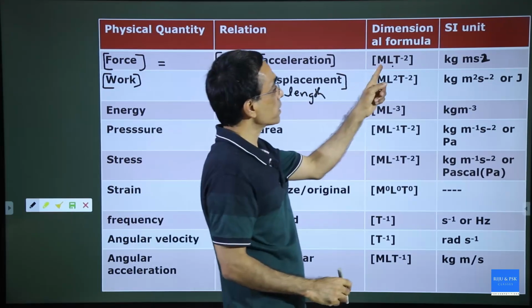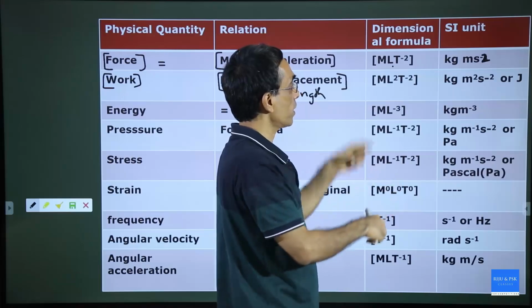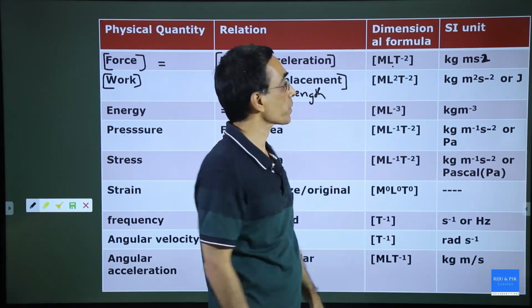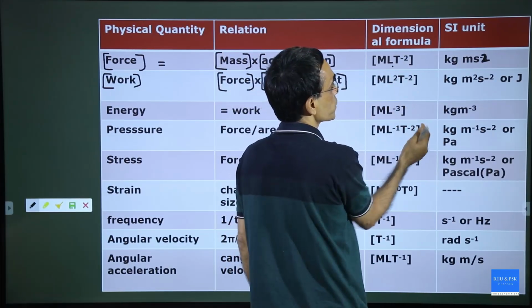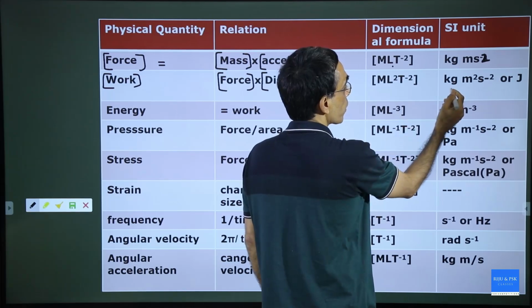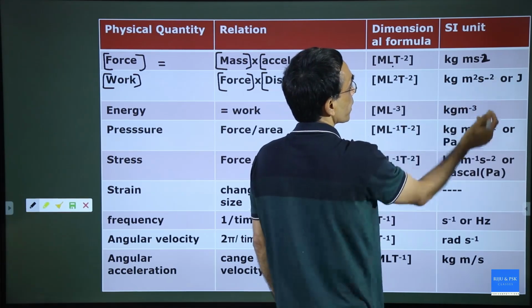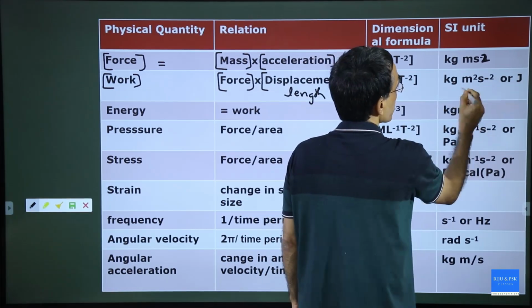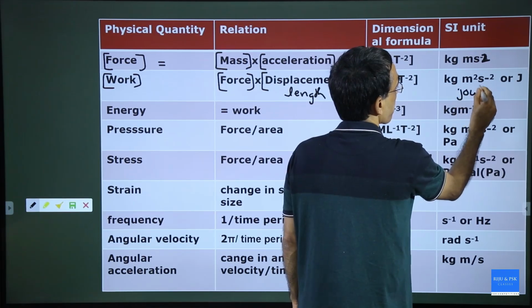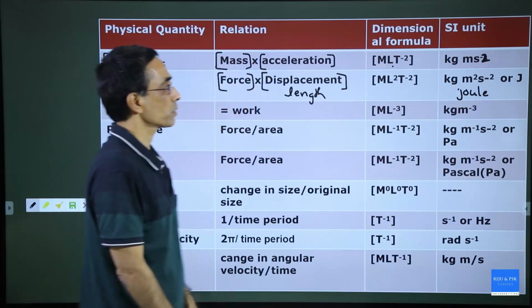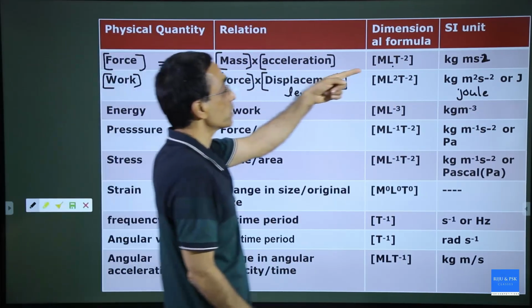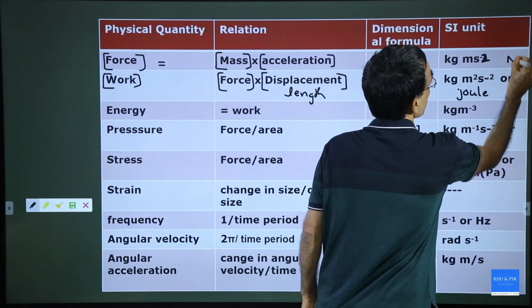So M L t raised to -2 into L. So L will become L squared. M L squared t raised to -2. The unit kilogram meter squared second raised to -2 is popularly called joule. And the force unit is popularly called Newton.